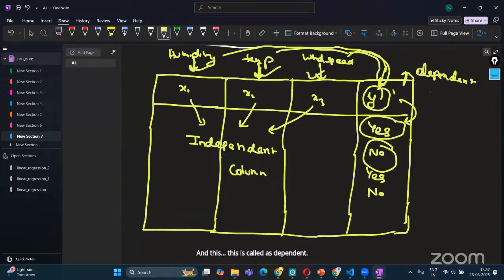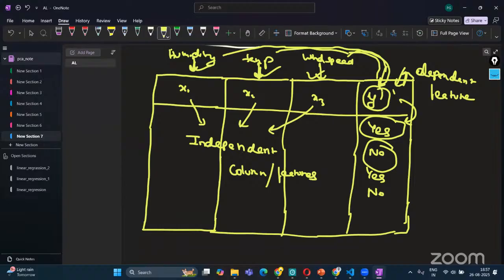So when it comes to data science, we can write here column, or it can be called features: independent features and dependent feature. Now, if there is a scenario where your dependent feature, the target, is given, then we will go for a supervised machine learning model.